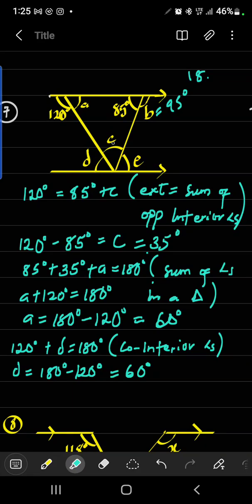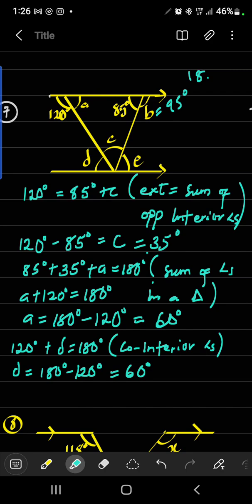The sum of angles on a straight line should give you 180. And you have gotten D and C to be 95. So 180 minus 95 is what? 85. So you can choose any property that you apply properly and you will get the answer.